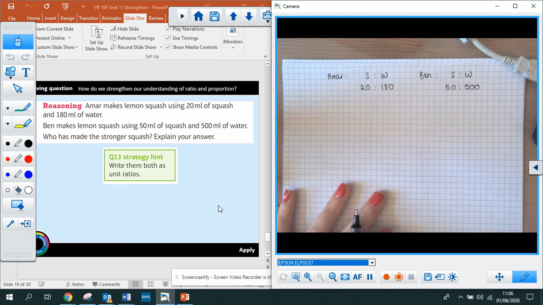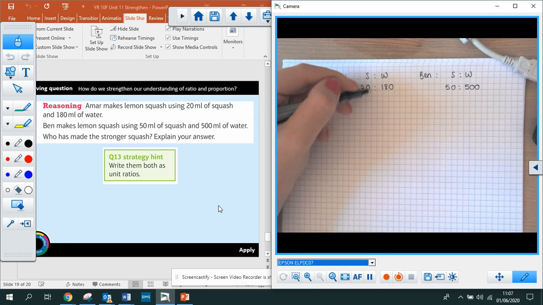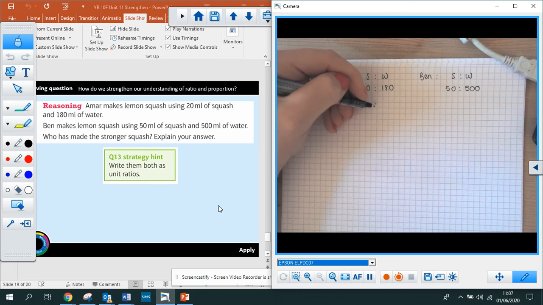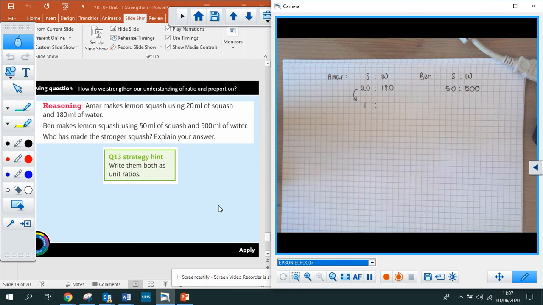So, as the question says, in order to work out who's made the stronger squash, we need to get a unit ratio. I am going to make my squash part the part that's going to be 1. A unit ratio is always going to have a part of the ratio that's 1. How do I get from 20 to 1?